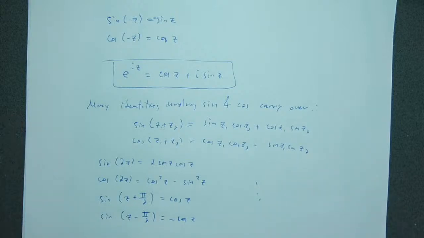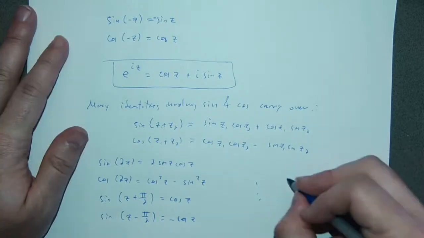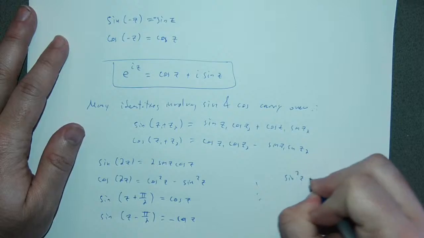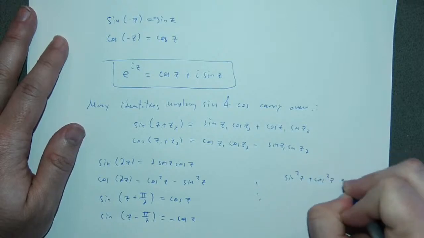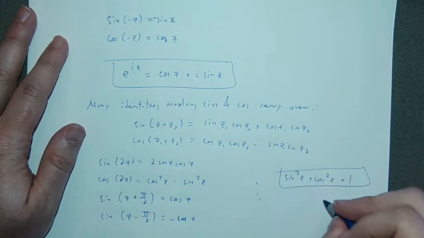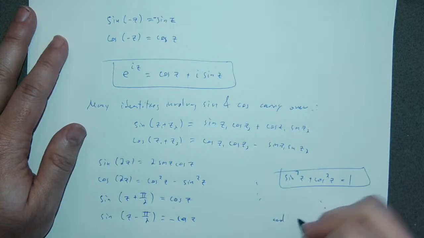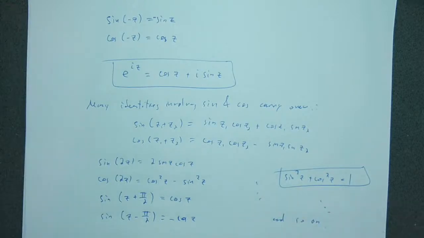These things are periodic, of course. The Pythagorean identity, sine squared z plus cosine squared z, is equal to 1 still. And so on. So a variety of identities that you can imagine here work out in the usual way.